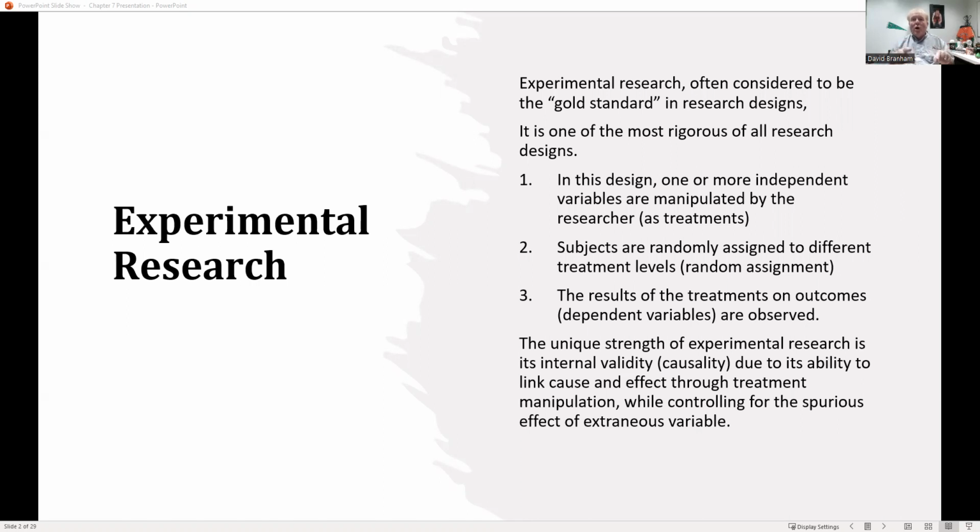In this design, one or more independent variables are manipulated by the researchers, and these are treatments that are manipulated. And what we do is we can see with this manipulation what the impact is on the dependent variable.